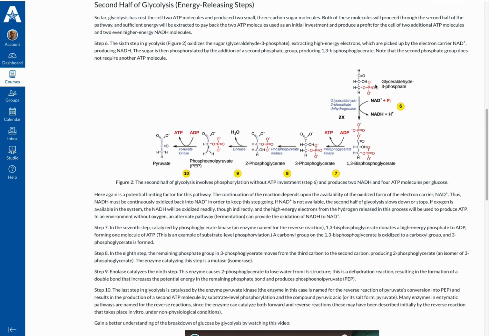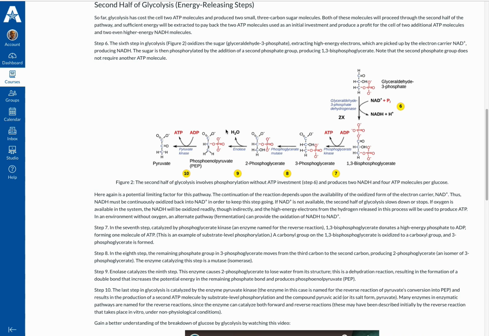So from now on, we have 2 glyceraldehyde 3-phosphates. Those 2 glyceraldehyde 3-phosphates are able to reduce NAD+ to NADH, and that means we get 2 NADHs, and those are further broken down to pyruvate. Through the whole course of glyceraldehyde 3-phosphate being turned into pyruvate, we generate 1 NADH and 2 ATP for each glyceraldehyde 3-phosphate.